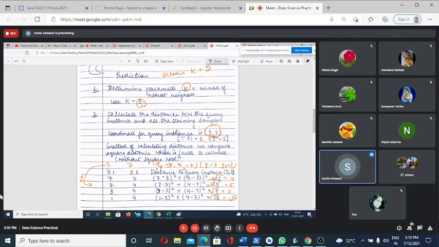Then again we calculated this with the next instance, that is 3 and 4. So it will be (3 minus 3) whole square plus (4 minus 7) whole square, which is coming out to be 9. And the last one, that is 1 comma 4, which is (1 minus 3) square plus (4 minus 7) square, which is coming out to be 13. At this point, it is clear to everyone.